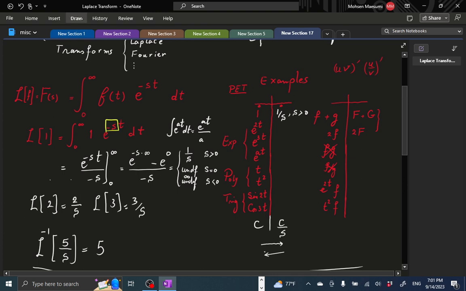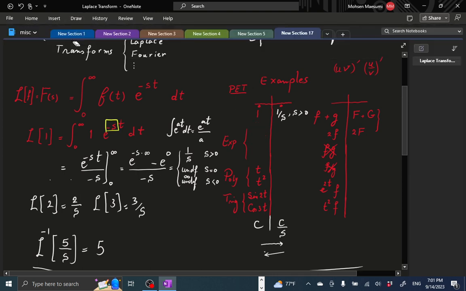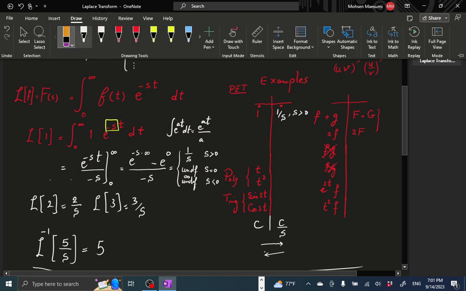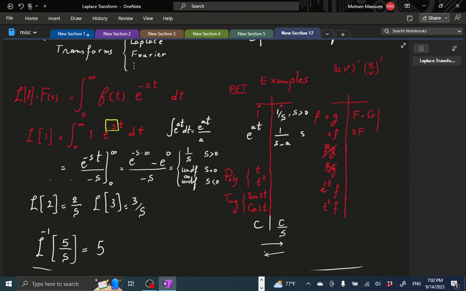We might as well clean this up somewhat and just write one case, exponential of at, so 1 over s minus a, provided that s is larger than a. So far we have two results, constants 1 over s and exponentials 1 over s minus the multiple.